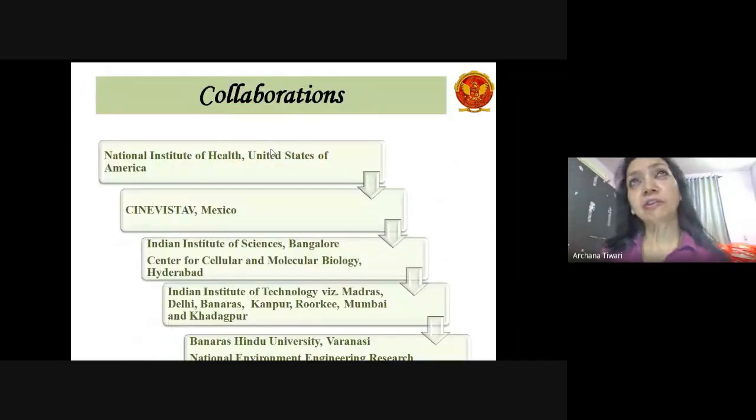The School of Biotechnology also has very wide collaborations globally: National Institute of Health, United States of America, Cinvestav of Mexico, Indian Institute of Science, Bangalore, Center for Cellular and Molecular Biology, Hyderabad, Indian Institutes of Technology such as Madras, Delhi, Banaras, Kanpur, Roorkee, Mumbai, Kharagpur, and so on.